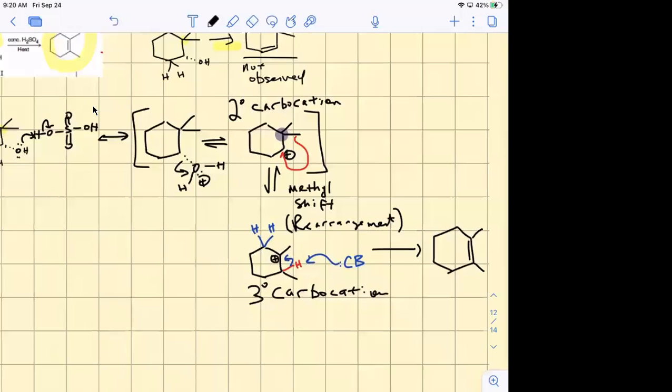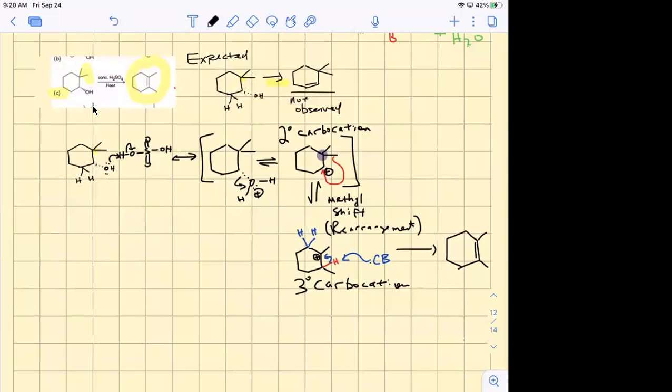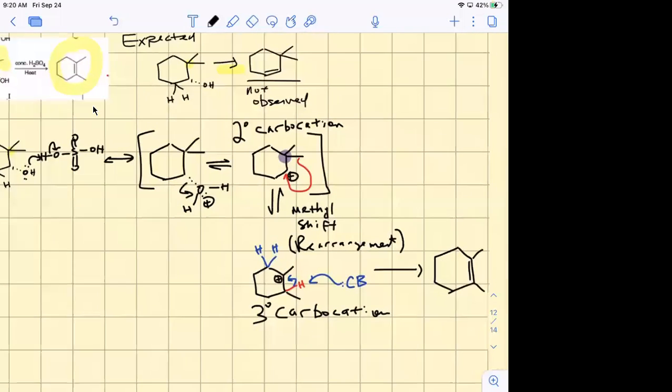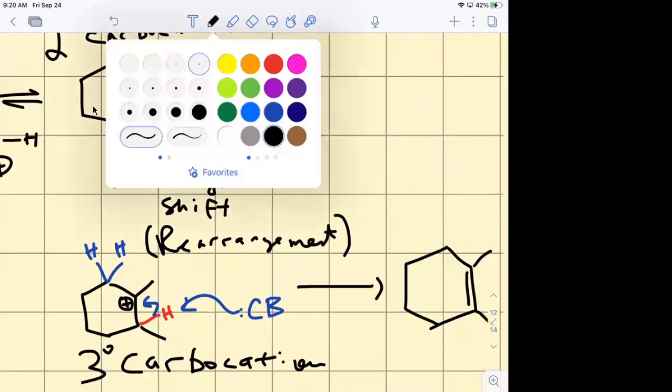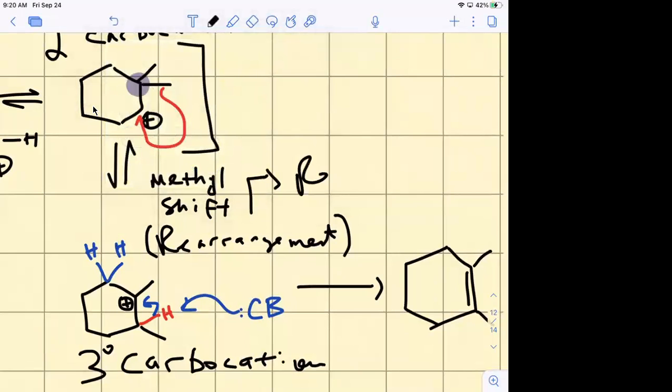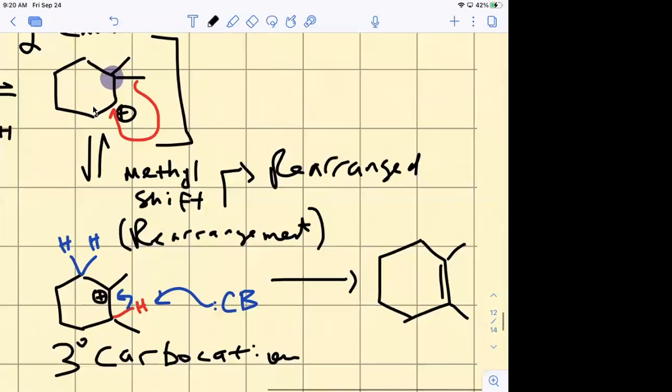Are y'all following? So that rearrangement happened on purpose. It happened in order to stabilize the carbocation intermediate. And then it's the more stable carbocation that is where the elimination took place. Right there.